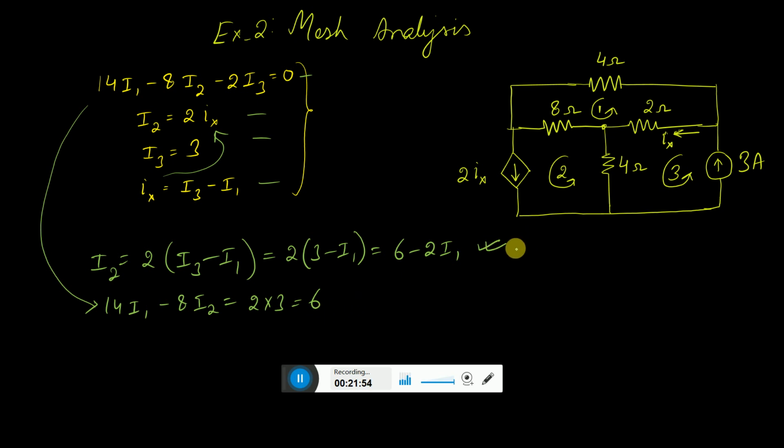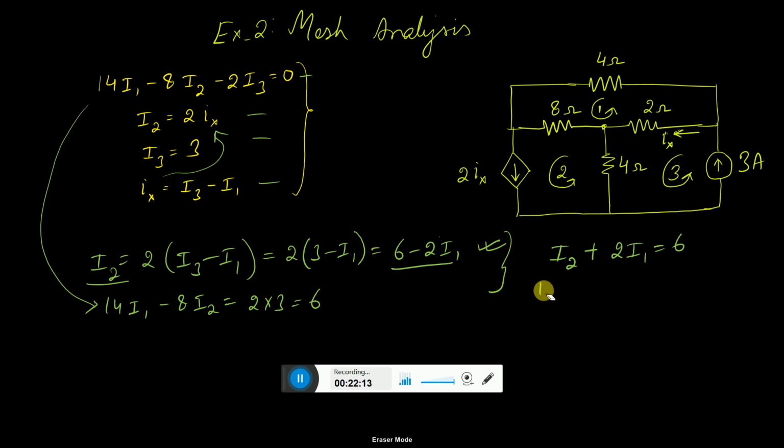Let me write these two equations properly. So you have I2 plus, this thing goes to the left hand side, 2 I1 is equal to 6. This is one equation, derived from here. And here you also have 14 I1.